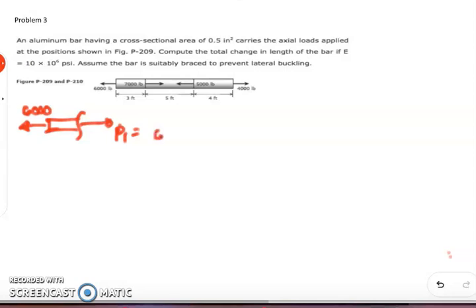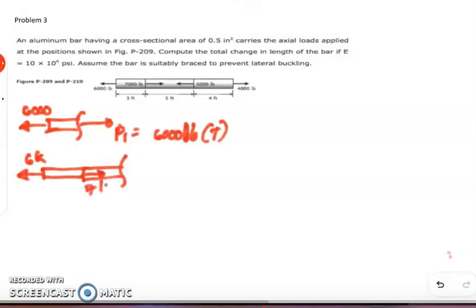If we section the second bar, we have here 6,000, then we have here 7,000. So therefore, we have a compressive force, which is our P2. This is equivalent to 1,000 pounds, and this is in compression.